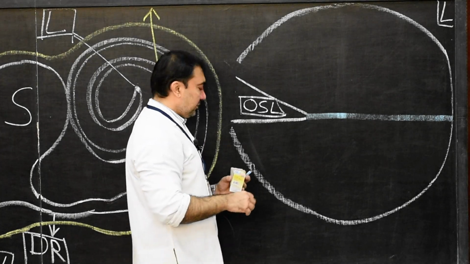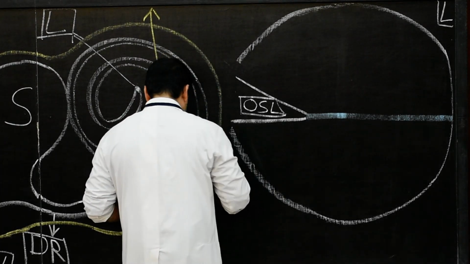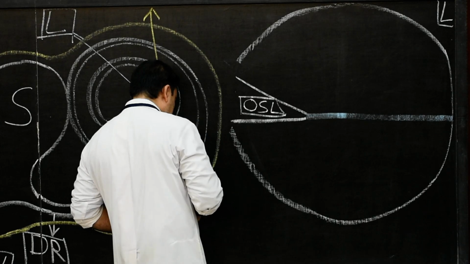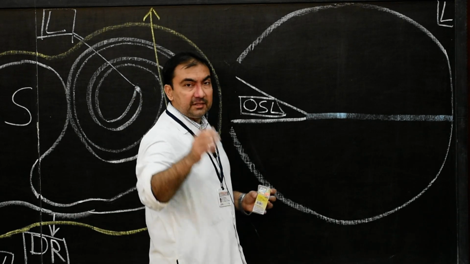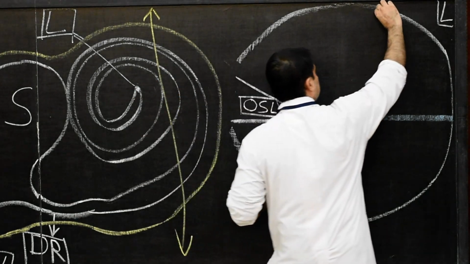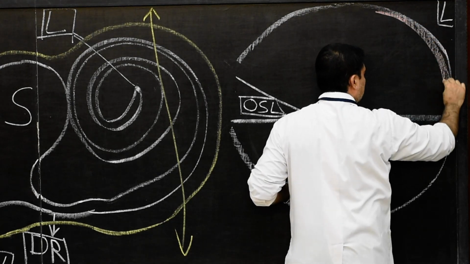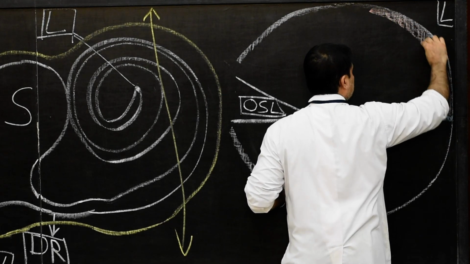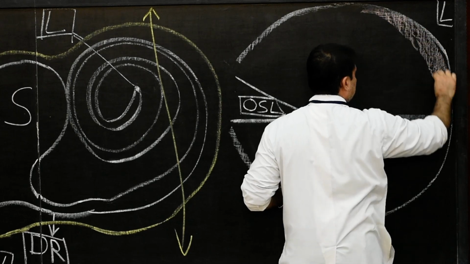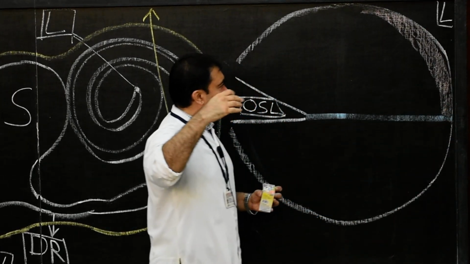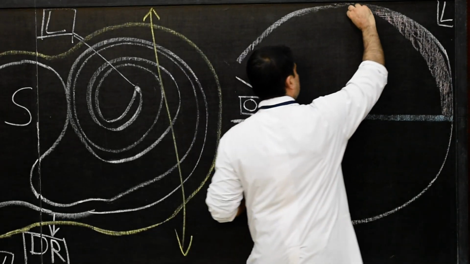Then we will draw the next, I will use red color and we shall draw the stria vascularis. So here I am drawing this stria vascularis. It will form the superolateral wall.